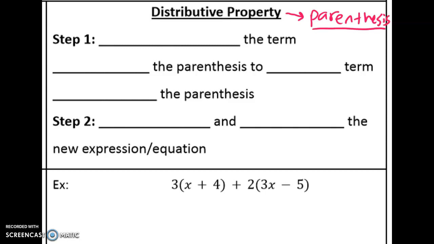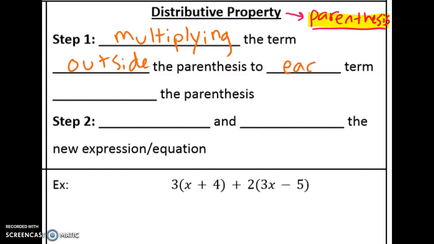Okay, pretty important, parentheses. I'll even highlight it, parentheses. And how do we get rid of those parentheses so that we can combine like terms if we need to? We start out by multiplying the term outside the parentheses to each term inside the parentheses.